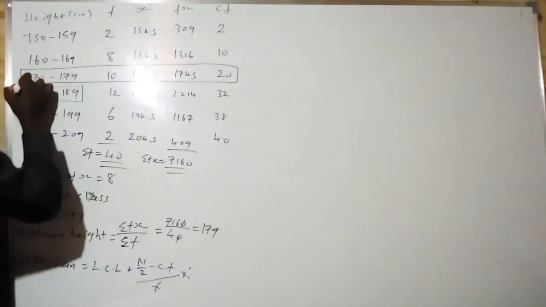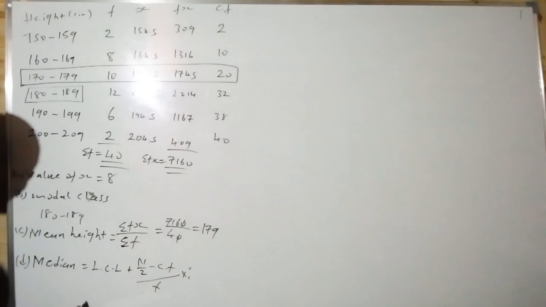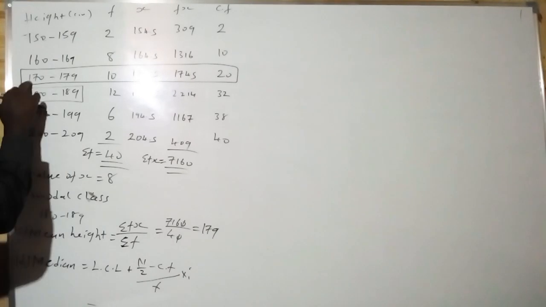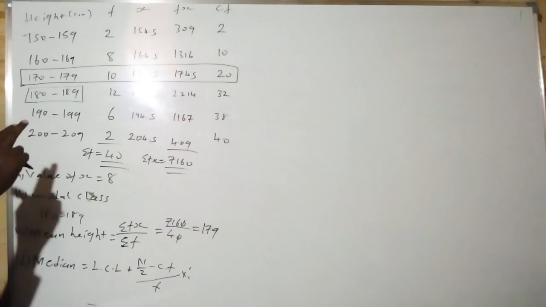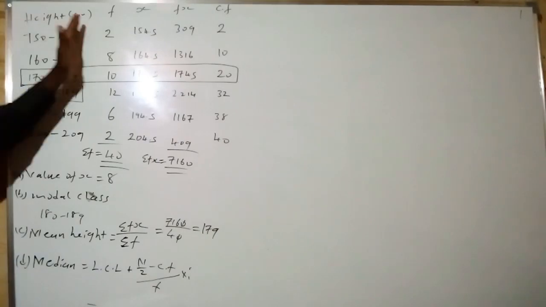Now we substitute lower class limit 170, but on this side you are supposed to subtract 0.5 to get the lower class limit, and on this side you add 0.5 to get the upper class limit.